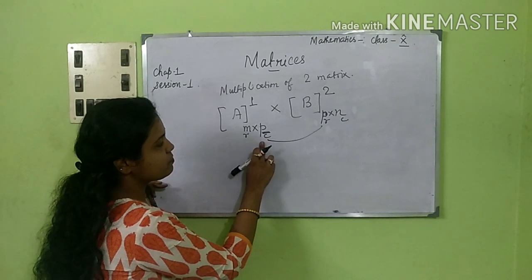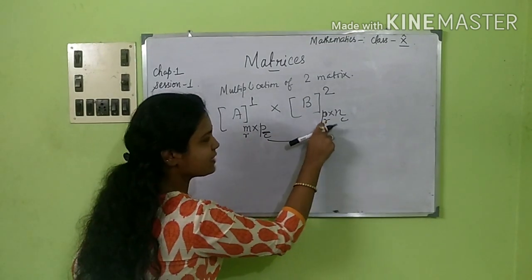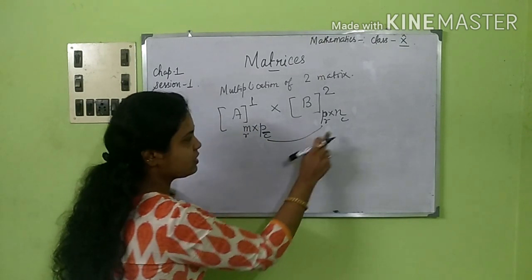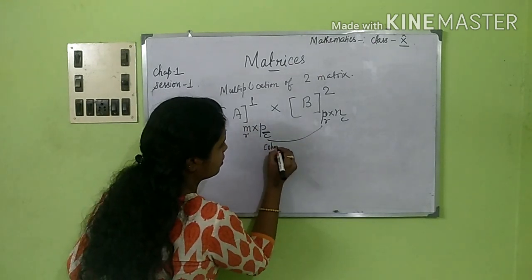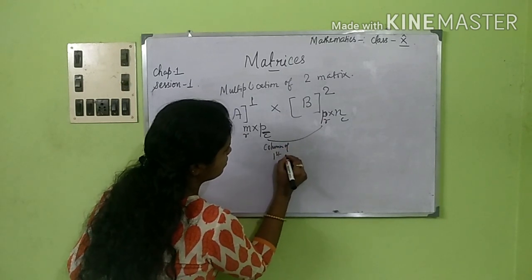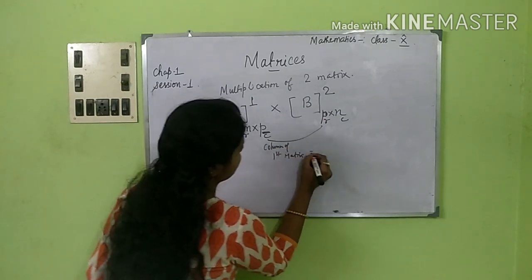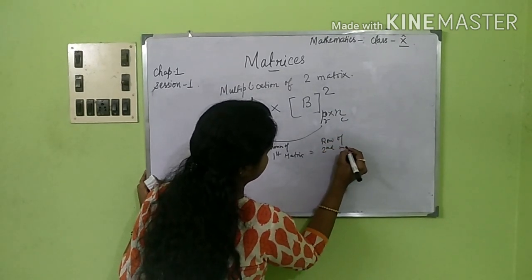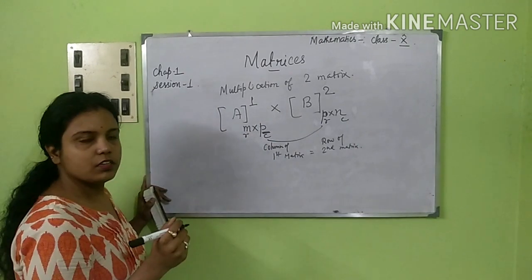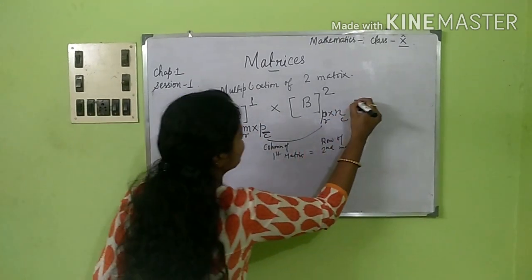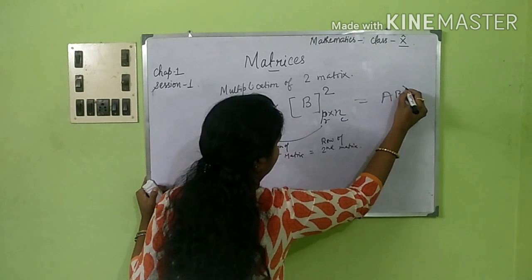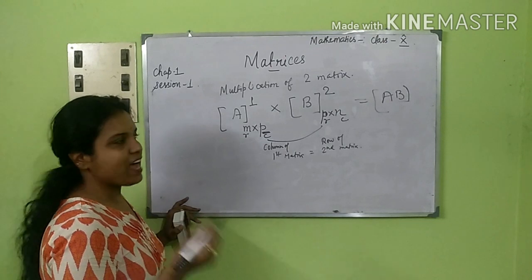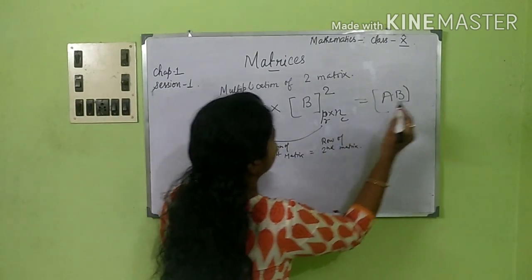The column of the first matrix should be equal to the row of the second matrix. Okay? So, the result that we will get, AB, that matrix will have the order m into n.